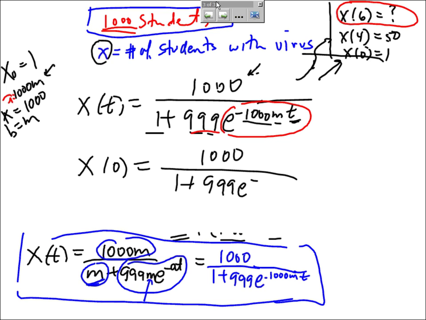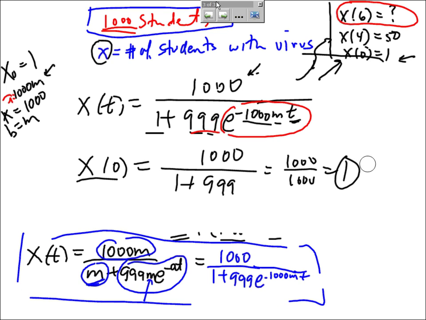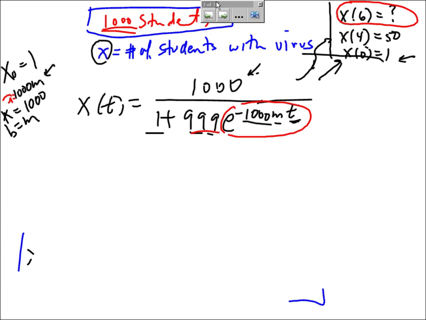And 999 times 1 is just 999. So we get 1,000 over 1,000, which is 1. And I'll say, yeah, x of 0 is 1. But I already knew that. It didn't help me find out what m was. That is why they had to tell us what x of 4 was. They could have told us what f of 3 was, f of 11.